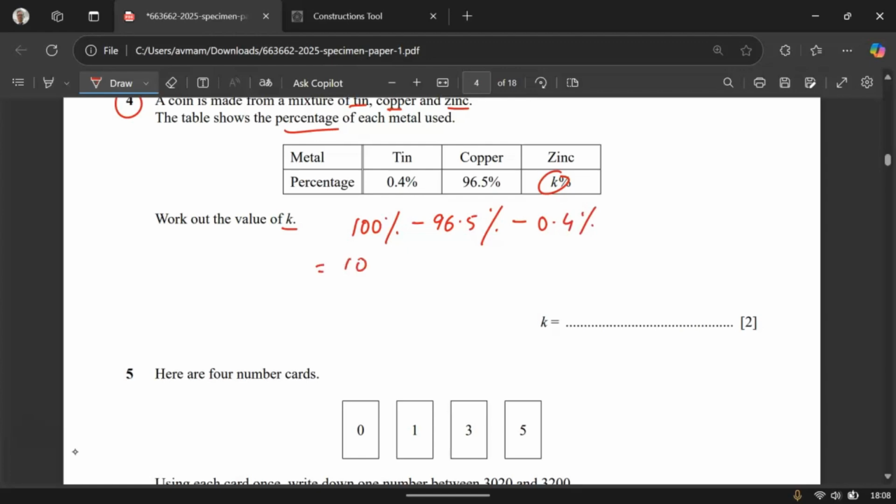That is 96.9%. And if you can't subtract mentally, you can work out this way: 100 minus 96.9, add a decimal point and a 0, and then work it out, but most of you should be able to do it in your head. That's 3.1%.